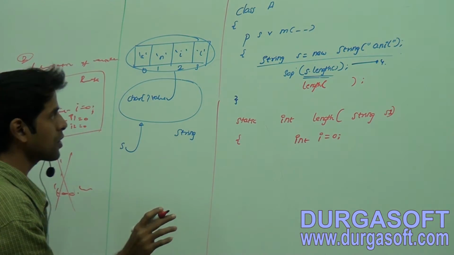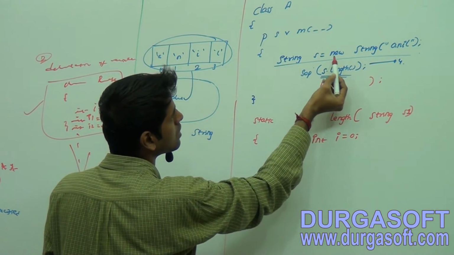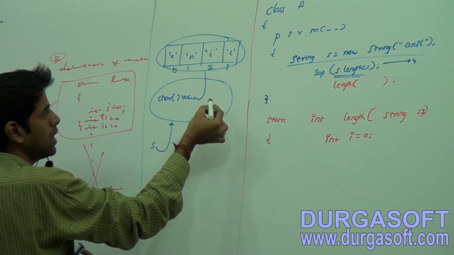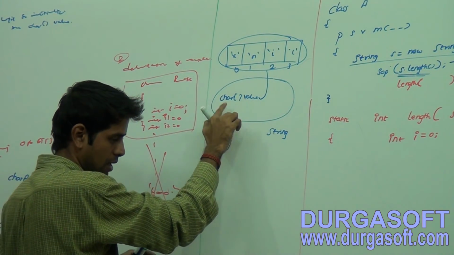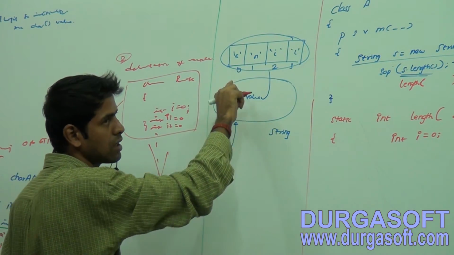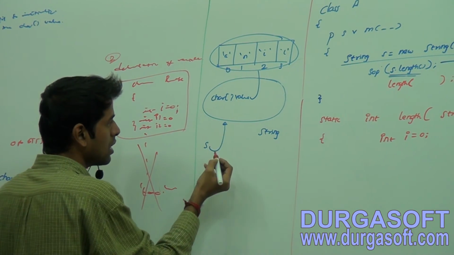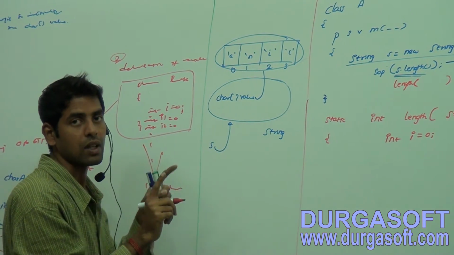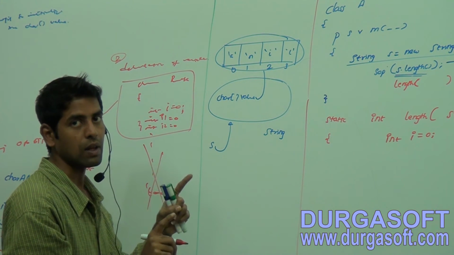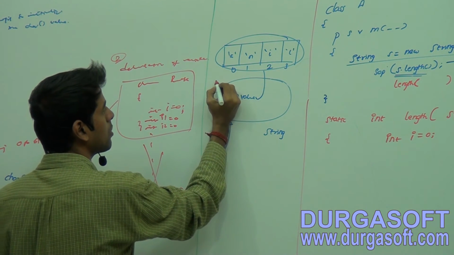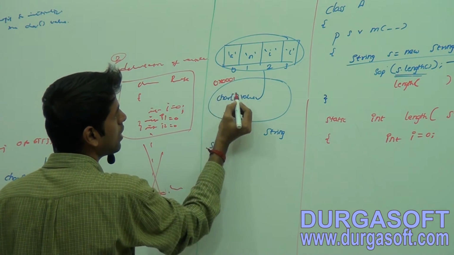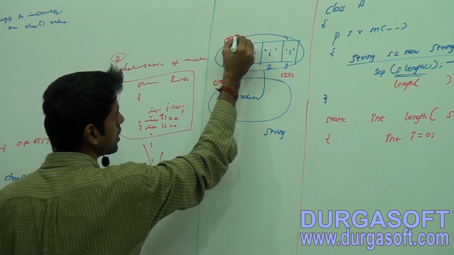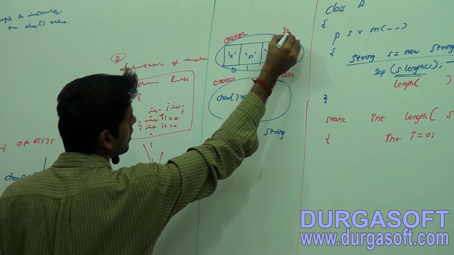Observe here, because of this statement what happens? This object is created and the value character array initialized. Observe here, this one will have reference value or not? Yes, it will have the reference value. There will be address, let it be 001, and hash code will be available even for this one, let it be 7212.